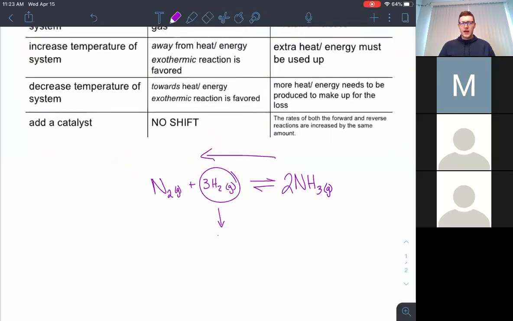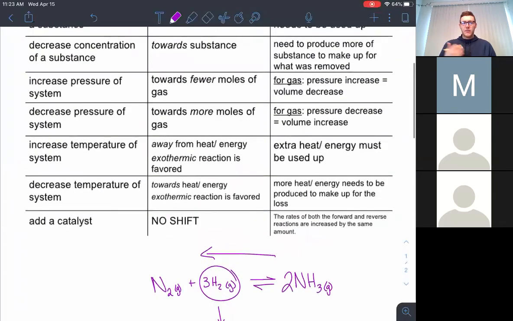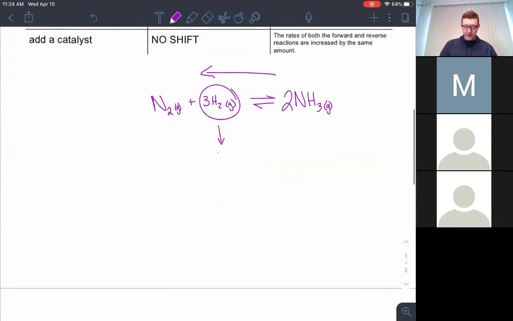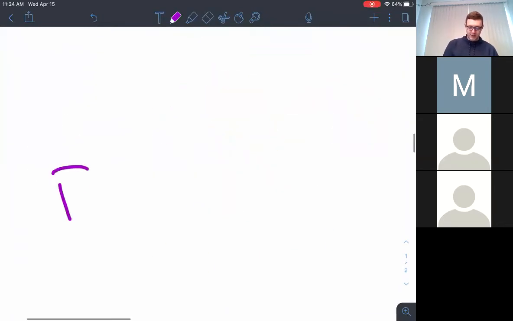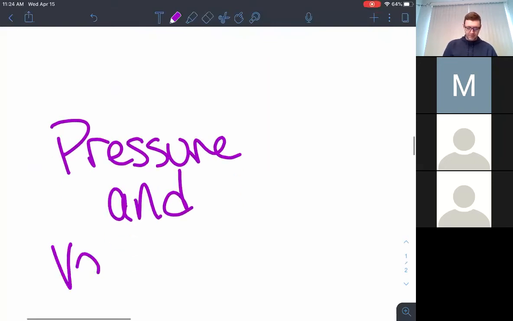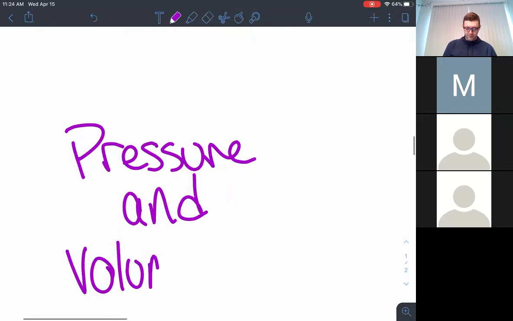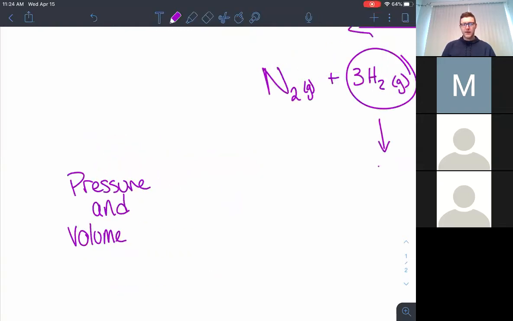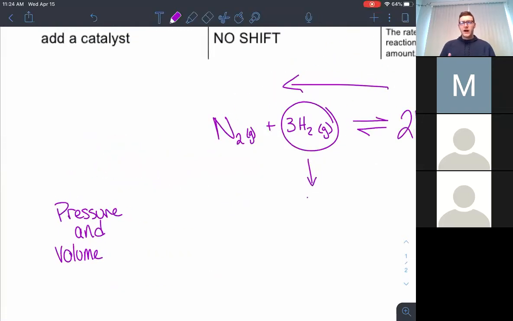All right. And then there's a couple more things that we can talk about. Pressure. So pressure and volume are related, because the reaction is going to shift toward the side that has fewer moles.